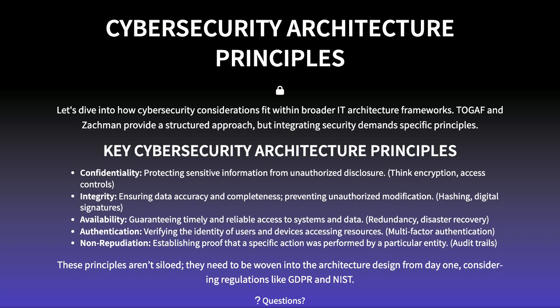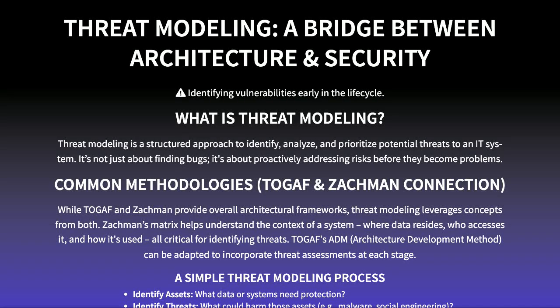Any questions so far? Okay, let's talk about threat modeling. It's a really important step in building secure and reliable systems. Basically, it's like a detective exercise for your IT architecture. We start by figuring out what we need to protect, our assets, which could be anything from sensitive data to critical servers.